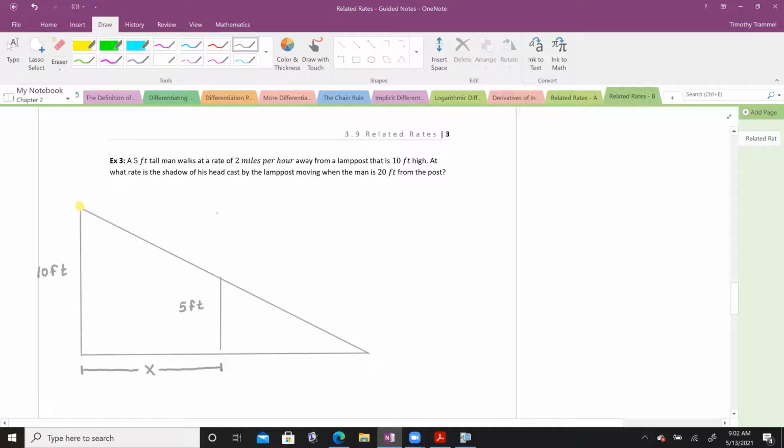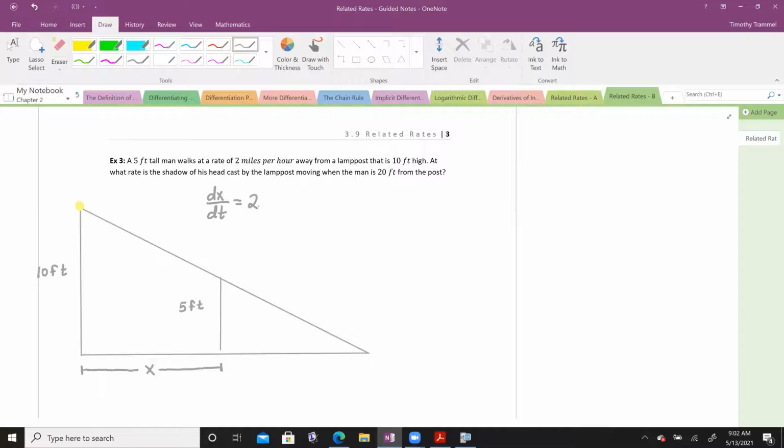So when we're talking about how fast they're walking, we're really saying how fast is x changing with respect to time. And it's that 2 miles per hour. Let's see what else we have.